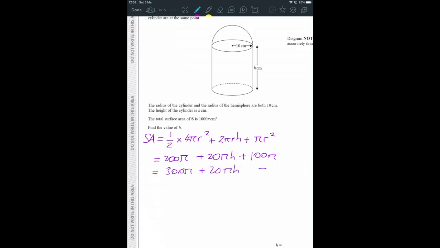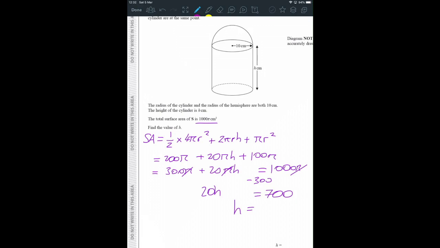But the question told us that this surface area is 1,000 pi. Straight away, we've got pi everywhere in this equation, so I'm just going to divide through by pi. I'm going to cancel pi out from everywhere. Then going to subtract the 300. I'm trying to isolate h.